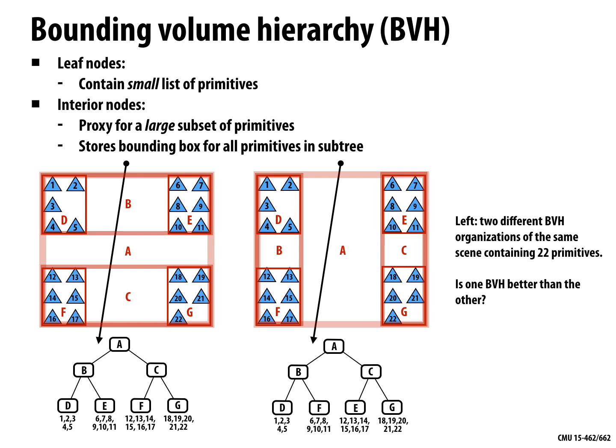An interior node, you can imagine, is sort of a proxy for a large subset of primitives. It's kind of pretending to capture the geometry of all the primitives that it contains, but of course it's only doing that approximately, because it's a box and not a collection of triangles. So what does the interior node do? It stores a bounding box for all of the primitives in the subtree, which it can do by just storing the bounding box of the bounding boxes that it contains.